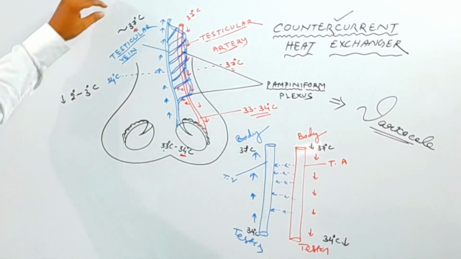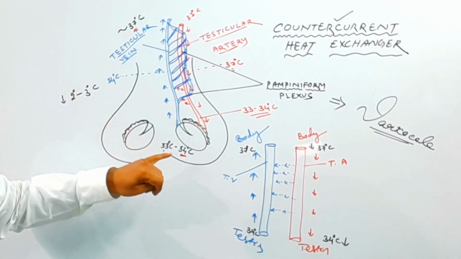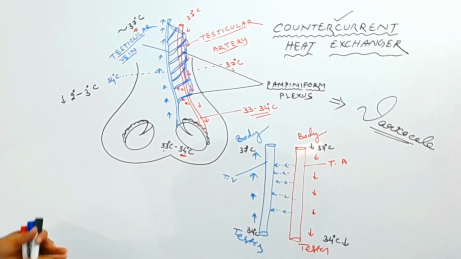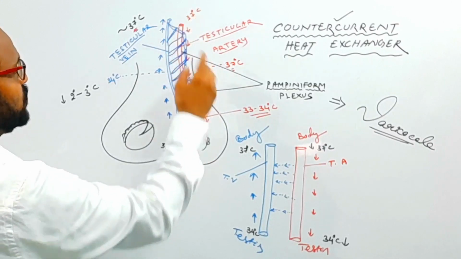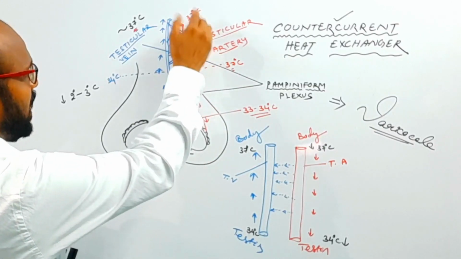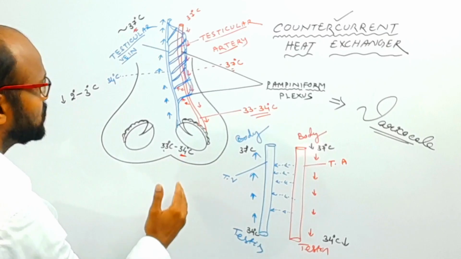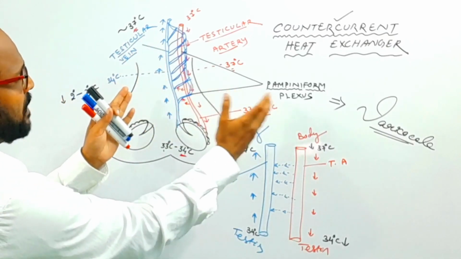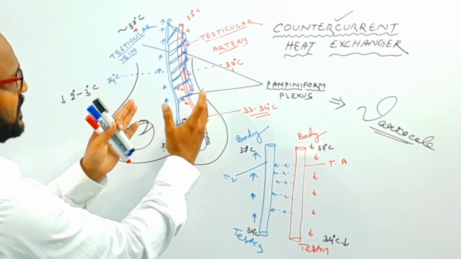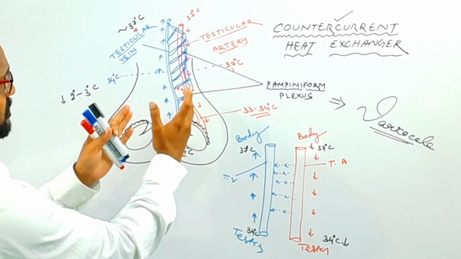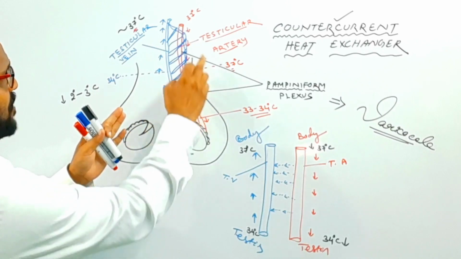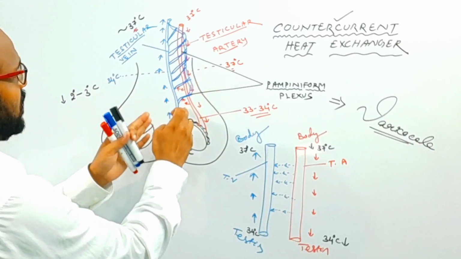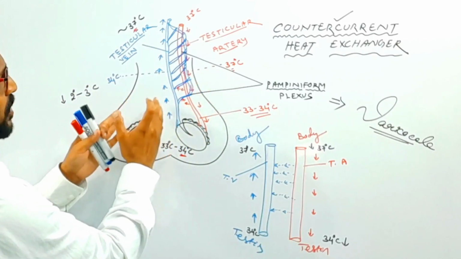The core body temperature is 37 degrees centigrade, and inside the testis the temperature is 34 degrees centigrade. So the blood which comes from the body is at 37 degrees, and the blood which comes back from the testis to the body is at 34 degrees centigrade. Because of the presence of the pampiniform plexus, by this cooling system, the arterial blood becomes cool and the blood of the veins becomes hot.